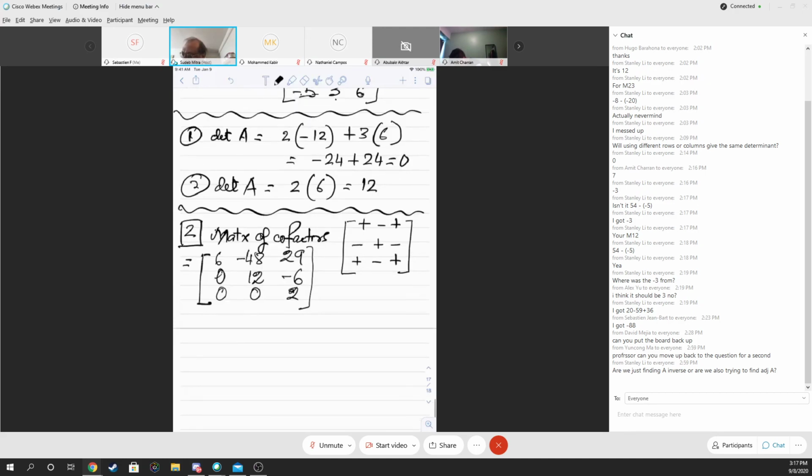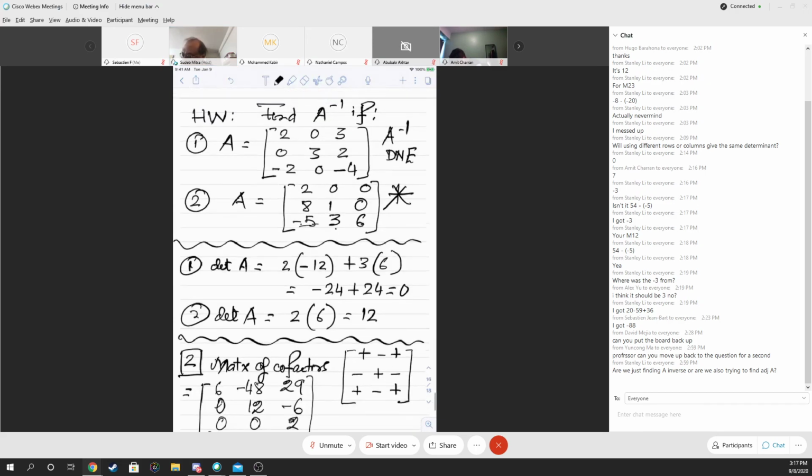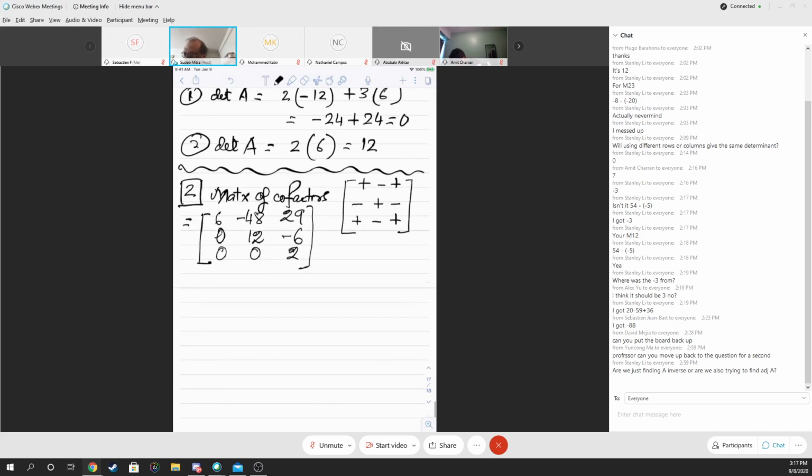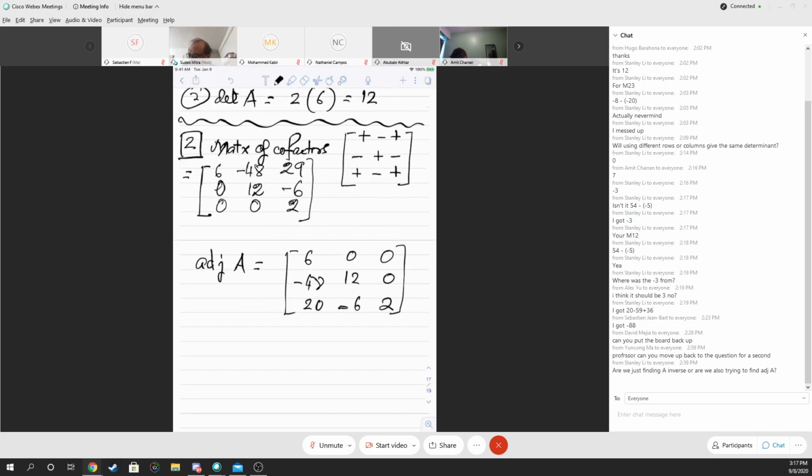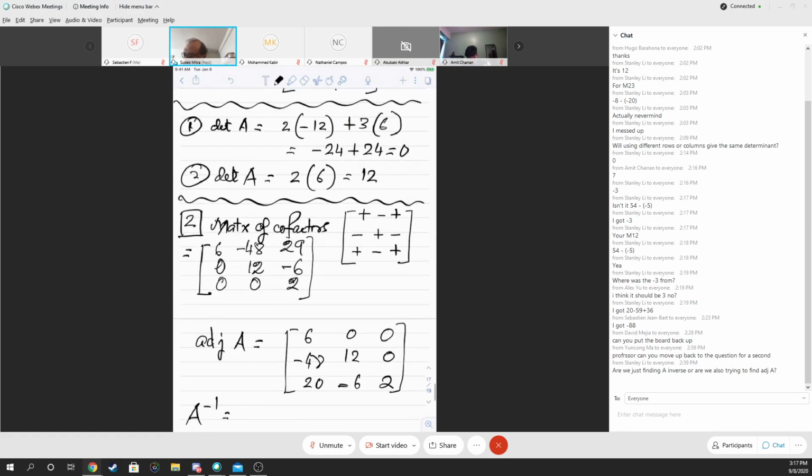So the determinant was what? 12. So what is the adjoint of A? It's the transpose of this. So A inverse is 1 upon determinant times this, no? Determinant is 12.